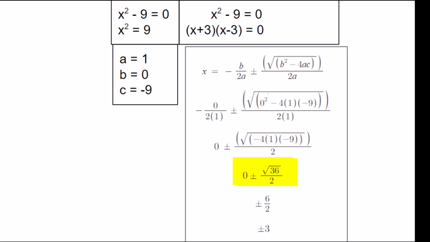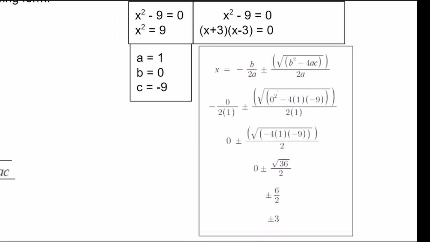Again, the denominator here is 2 times a, with a equal to 1, so the denominator here is 2. So if we take the square root of 36, we get 6 for the numerator, and we still have 2 for the denominator. 6 divided by 2 is 3, and since we have a plus or minus 3, the solution to this problem would be positive 3 or negative 3, which agrees with what we see above.